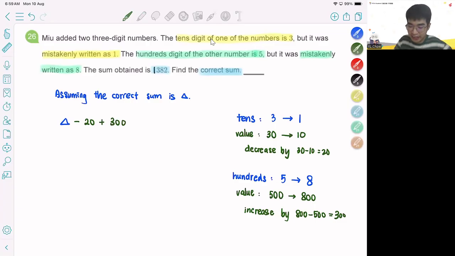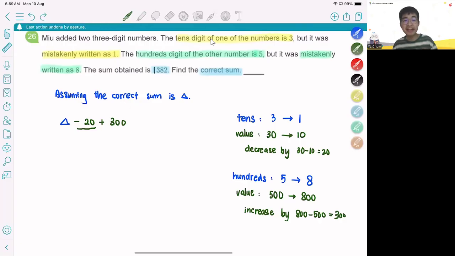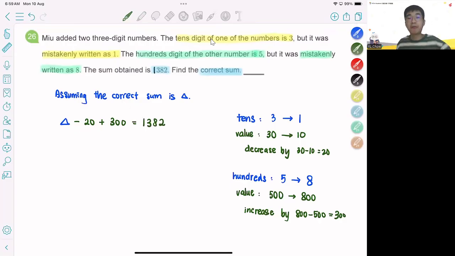And after I decrease by 20 by mistake and increase by 300 by another mistake, I finally get the sum of 1382. With that, we can find the correct sum, right? You can work backwards. So how do we find the correct sum? First, minus 20 and then plus 300.